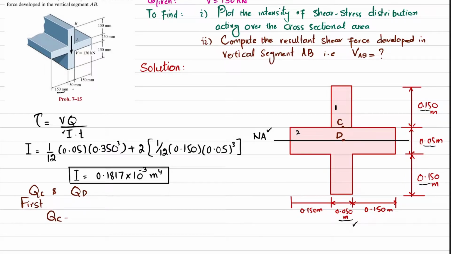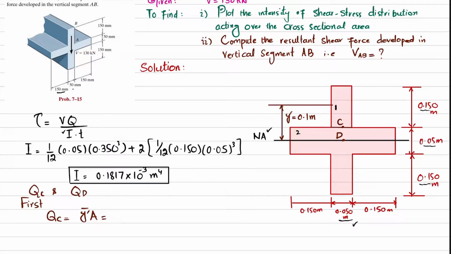We know that QC is equal to y dash bar into A dash. For this C portion, about the neutral axis, A dash will be equal to this area, which is 0.050 by this height of 0.150. And what will be its y dash? Y dash will be the distance from the neutral axis to the mid of this area, and that will be equal to 0.1 meter.